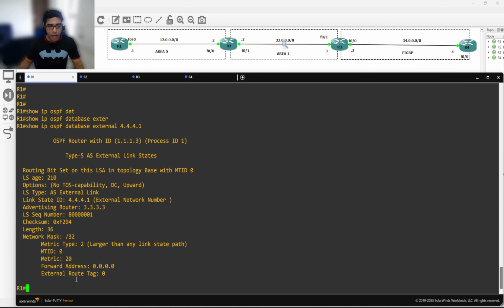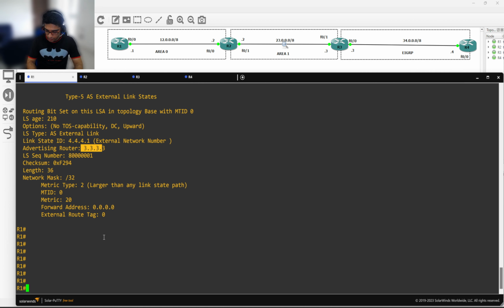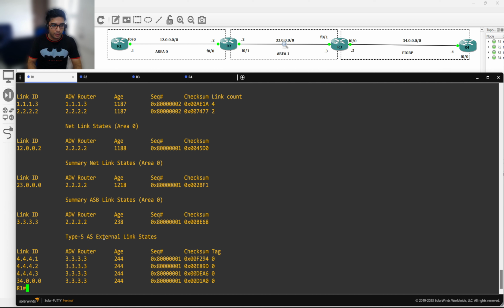And how can R1 reach R3? So show IP OSPF database, right? So to reach R3, that is this link ID, the advertising router is 2.2.2.2. It needs to go to 2.2.2.2, right?